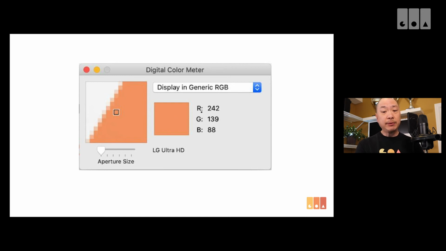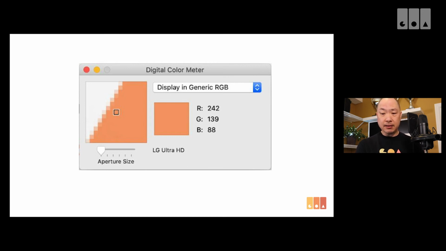It has the RGB value of 242 for R, 139 for G, and 88 for B. So this is the computer representation of this particular orange color. R is 242, G or green is 139, and B or blue is 88.